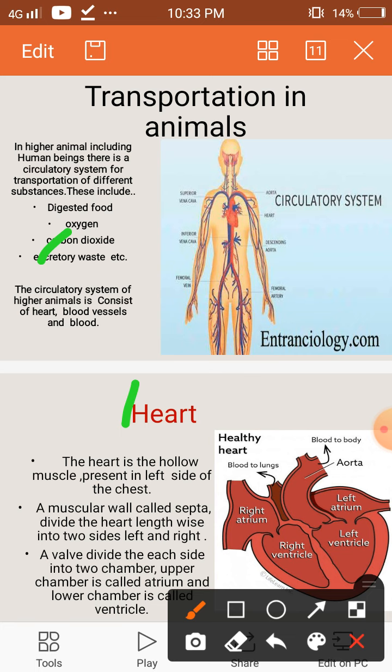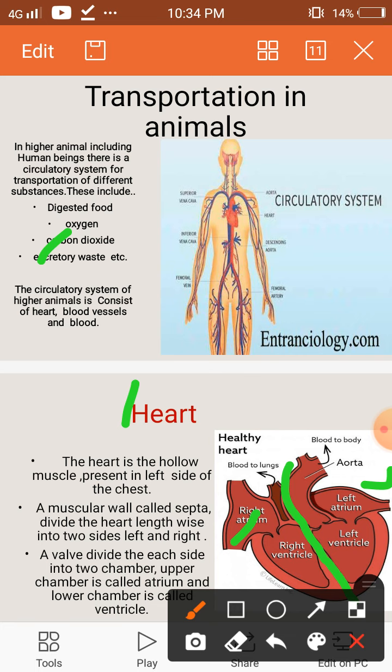A muscular wall called septum divides the heart lengthwise into two sides, left and right. In this diagram, we can see this muscular wall which divides the heart into two sides. This is the left side and this is the right side.